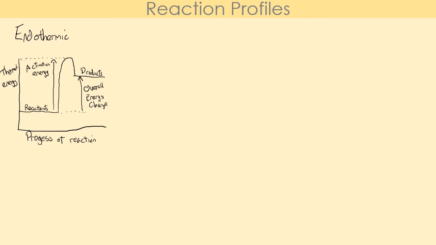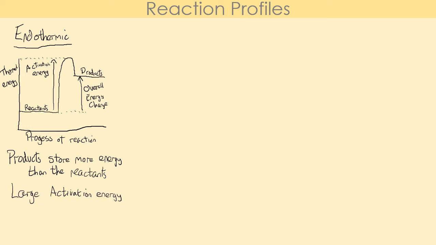We have some rules for our endothermic reactions. First is that the products store more energy than the reactants. Second, we have a large activation energy.